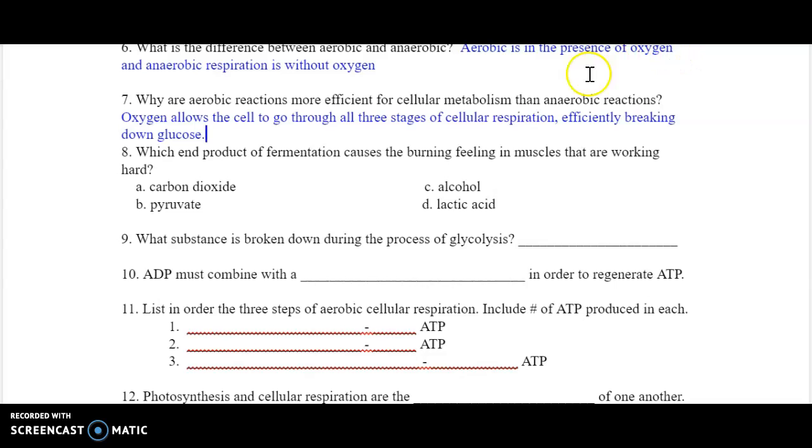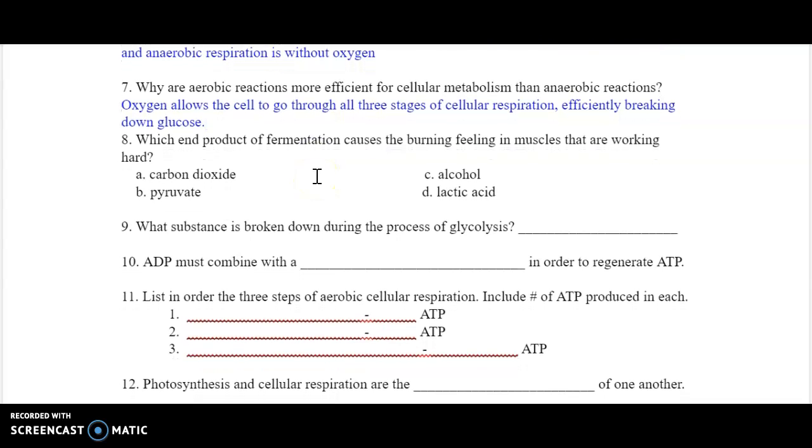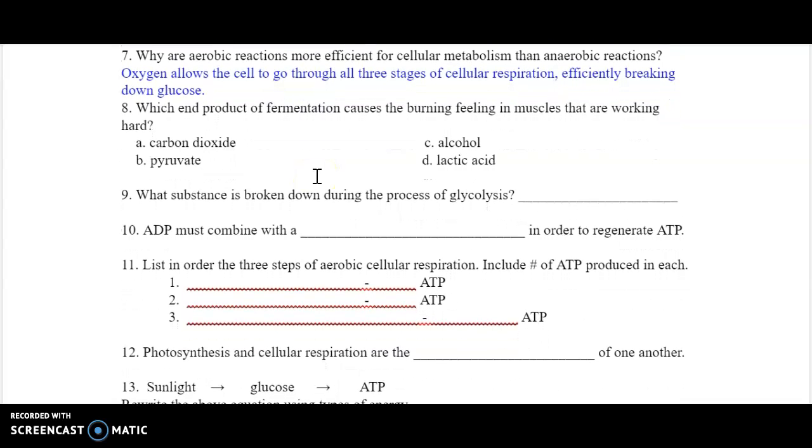If it has oxygen, it can go through all 3 stages. It has to be able to reach that electron transport chain, that 3rd stage, where the majority of the ATP is made, to be efficient at breaking it down. So oxygen allows the cell to go through all 3 stages of cellular respiration, effectively breaking down glucose completely.